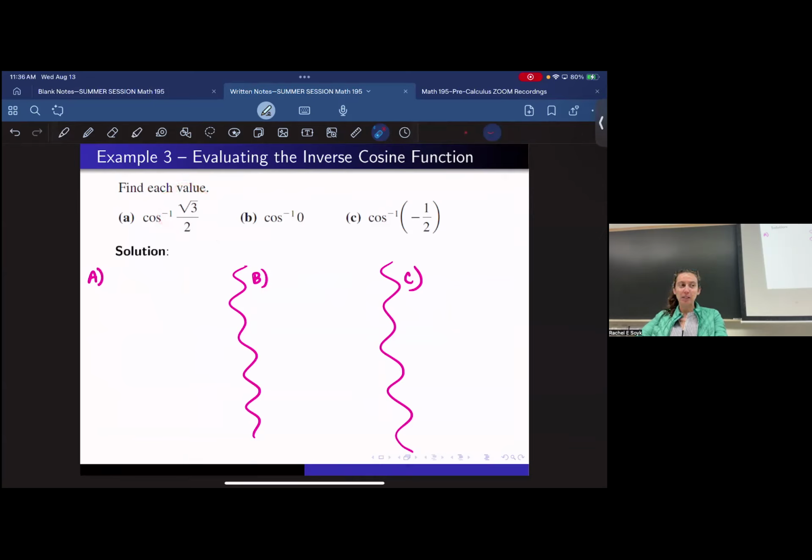We know sine of 60 gives you square root of 3 over 2, then cosine of, they're opposites of one another, 30, right? Cosine of 30 gives you that square root of 3 over 2. So 30 degrees, or what's 30 in terms of radians? Pi over 6.